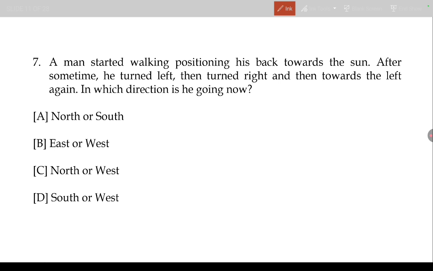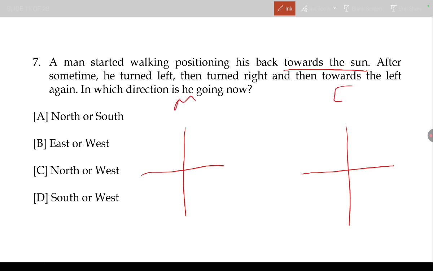So a man started walking positioning his back towards the sun, which means we don't know where the sun is, so you have to solve this question by assuming both options. If it's morning time, the sun will be in the east direction. If it's evening time, the sun will be in the west direction, right? First I'm solving by taking morning as an example.